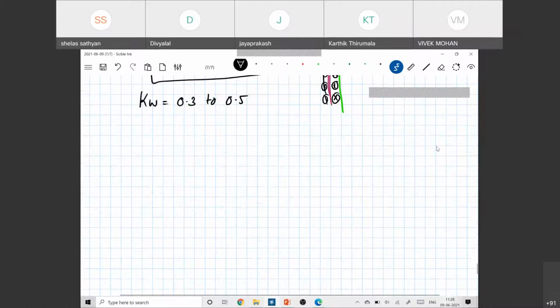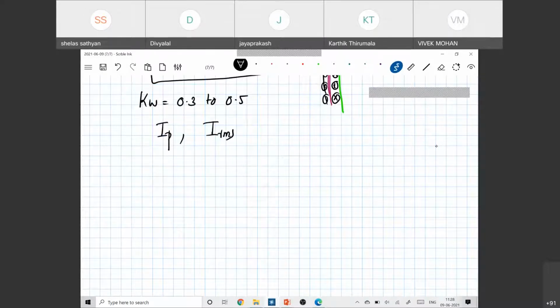Since for the inductance, we have already seen two constraints. We should know the peak value of the current flowing through the inductor winding and the RMS value of the current flowing through the inductor winding. These two things will form a restriction. One is related to the saturation and another is related to the conducting copper losses.